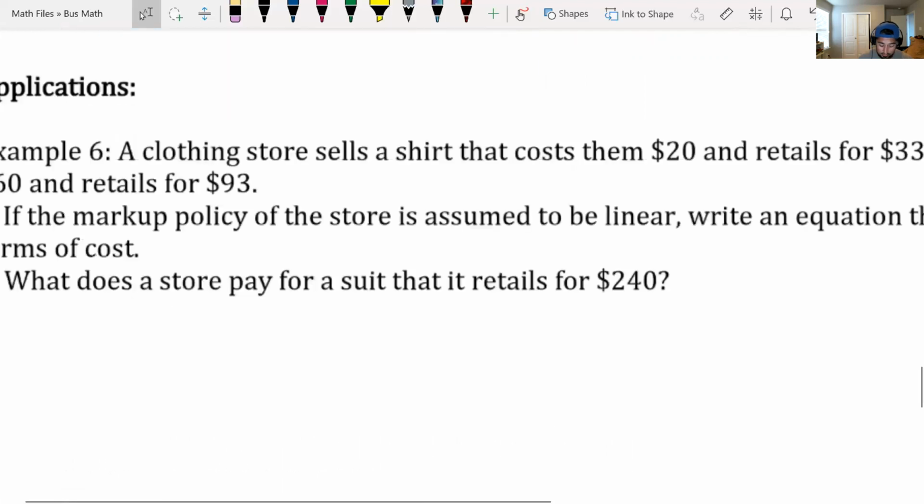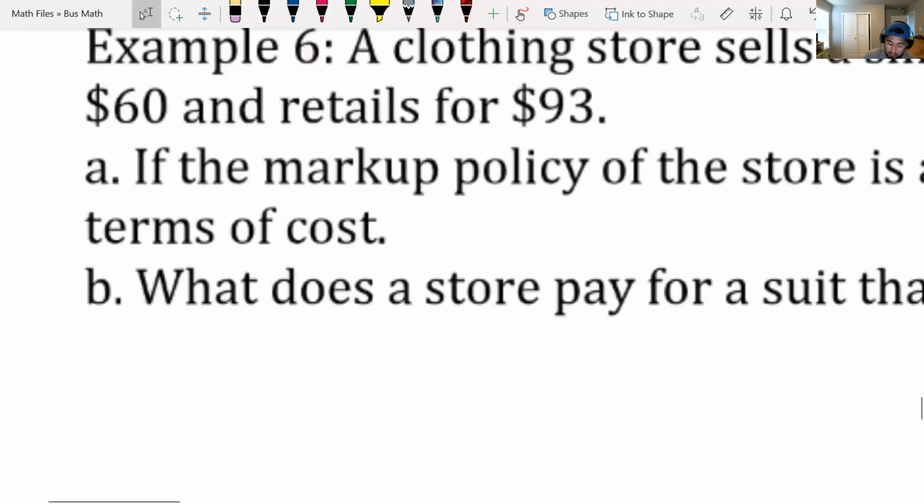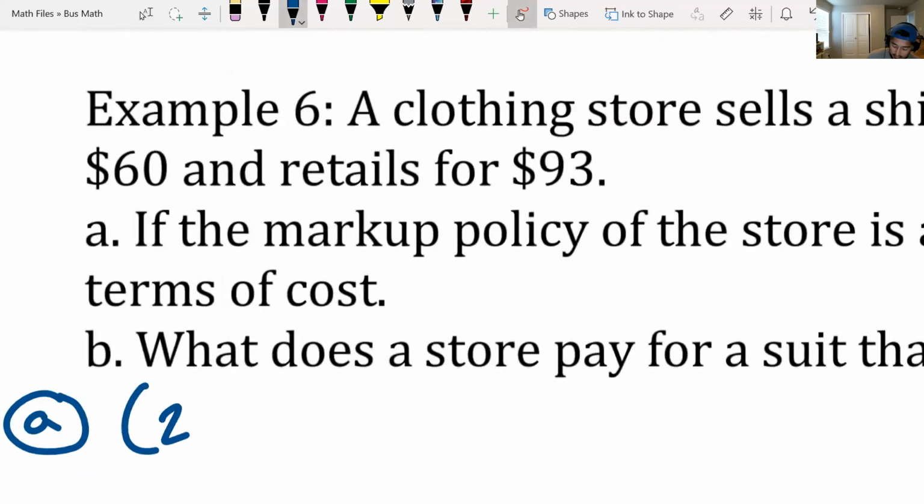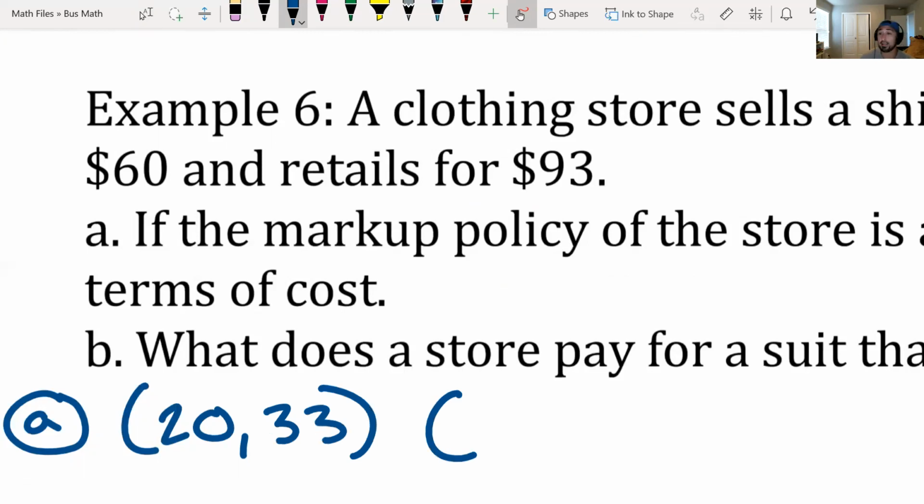So for A, the shirt costs $20 and we sell it for $33. There's the first point. And then the jacket cost $60, which is then retailed for $93.